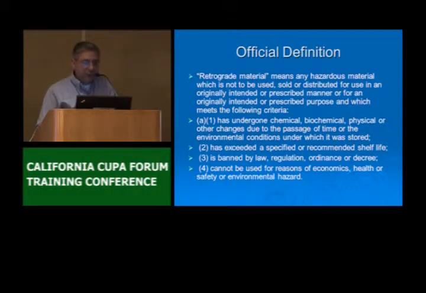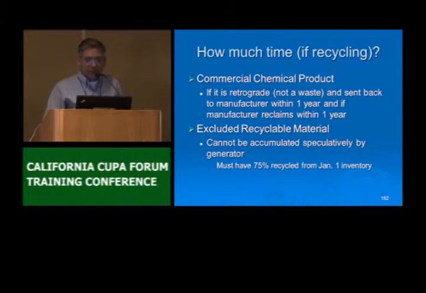All right, so we just looked at retrograde, which is like CCP, and then we have earlier talked about excluded recyclable materials, and then we talked about scrap metal, garage exemptions. Question that comes up often is how much time is allowed for a material to sit around or store, just like this expired chemical thing. And the answer in part is it's different depending on what provisional law you're looking at. So as we saw with retrograde materials, you can have 1 year at the original owner's site and another year at the manufacturer. For ERMs, we saw the sample calculation earlier.